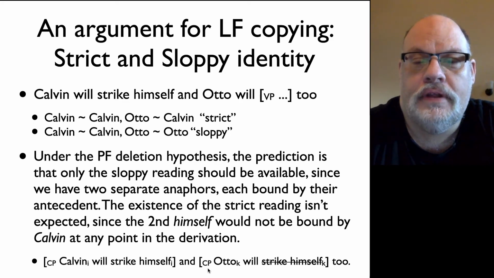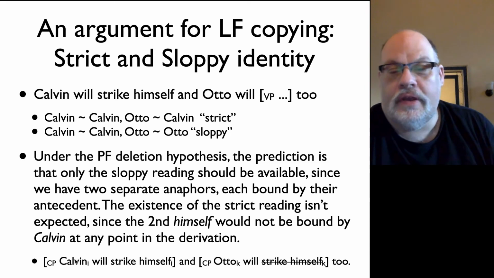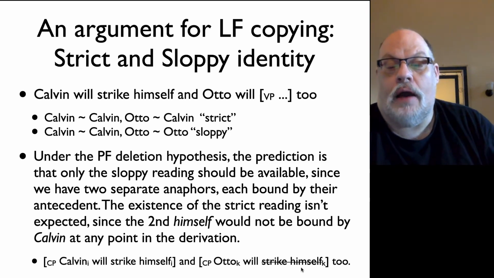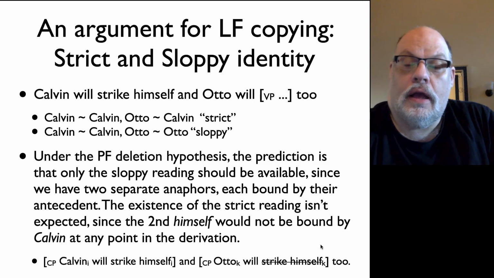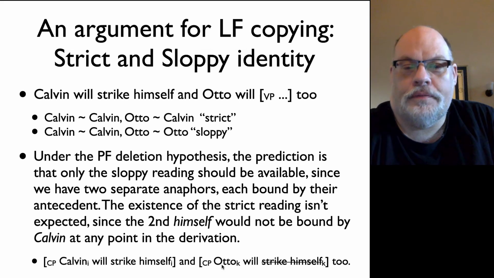So under the PF deletion hypothesis, the strict interpretation, where the second "himself" refers back to Calvin, is not predicted. The second "himself" would never be bound by Calvin at any point in the derivation, so there would be no reason for us to allow an interpretation where Calvin is being hit by Otto. So that's the first problem. The PF deletion hypothesis predicts only sloppy readings, never strict readings. But the strict readings are available.